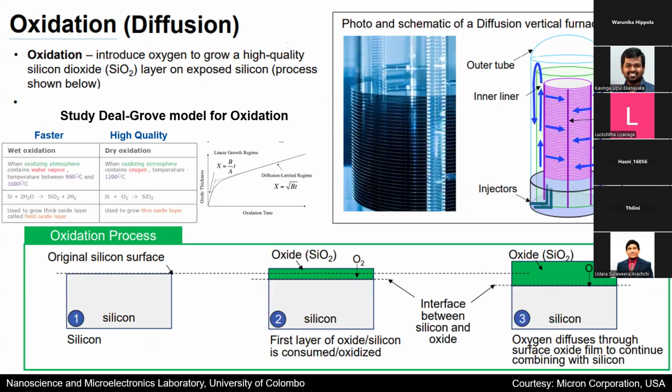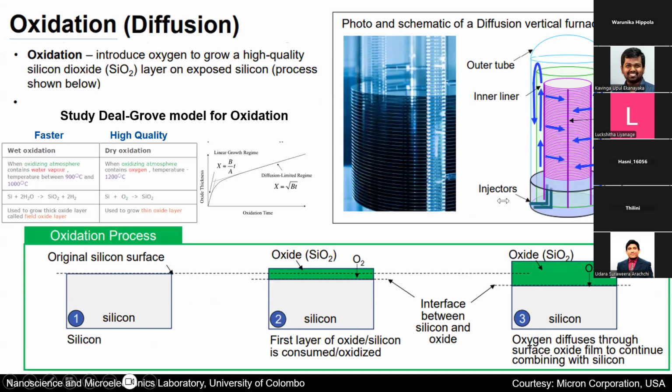The very first process that I'm going to introduce is oxidation, right? Oxidation is basically introducing oxygen at a very high temperature into the silicon. You put the silicon wafers into a tube, and then you have a flow of oxygen.